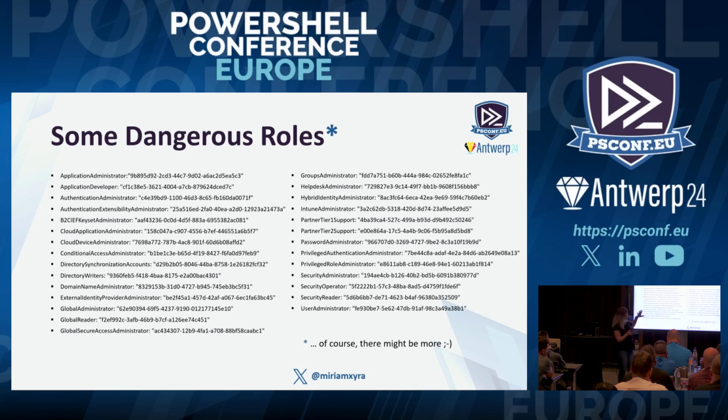This is just a reference. Don't read it all. But for example, application administrator can also be very harmful if you have the wrong people assigned to it. Especially applications are very likely used because it's sneaky. You're less likely to detect if a service principal is performing something.